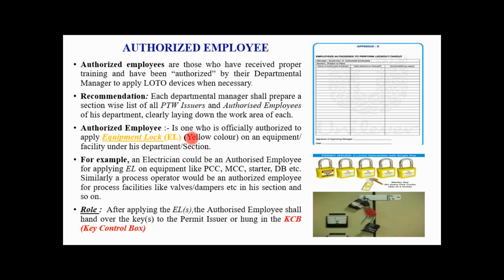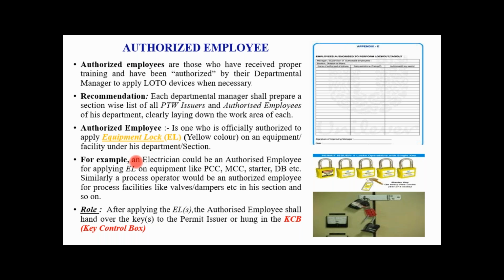Depending on your organization's policies, you can use different color coding, but the standard color coding is already implemented in different countries, which I have been talking about. So yellow color is specially used for this equipment lock.